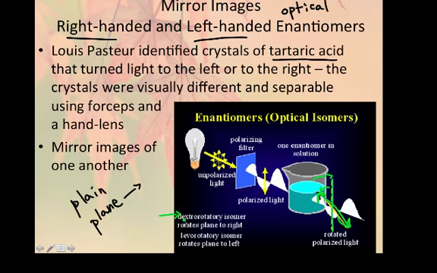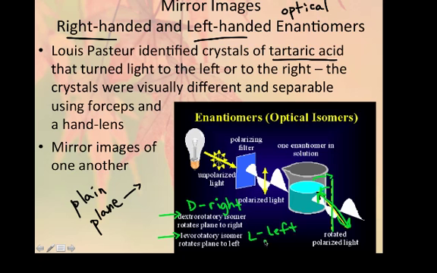Dextrorotatory isomers rotate the plane to the right, where dexterity and dextro, or the prefix D, means right-handed. And then levorotatory isomers rotate the plane to the left. So this is our L for left.